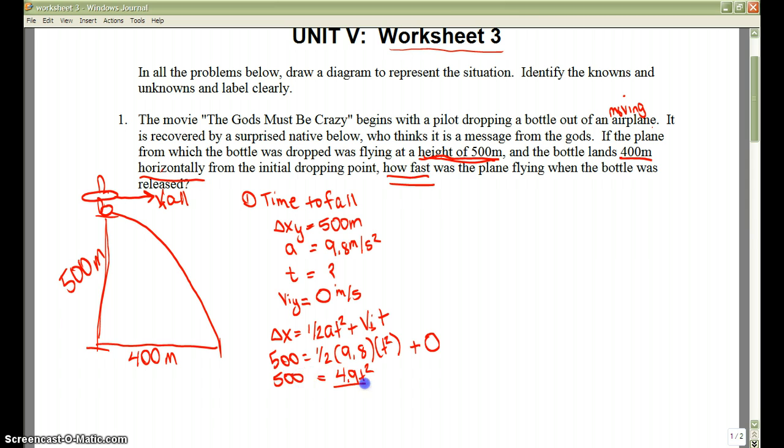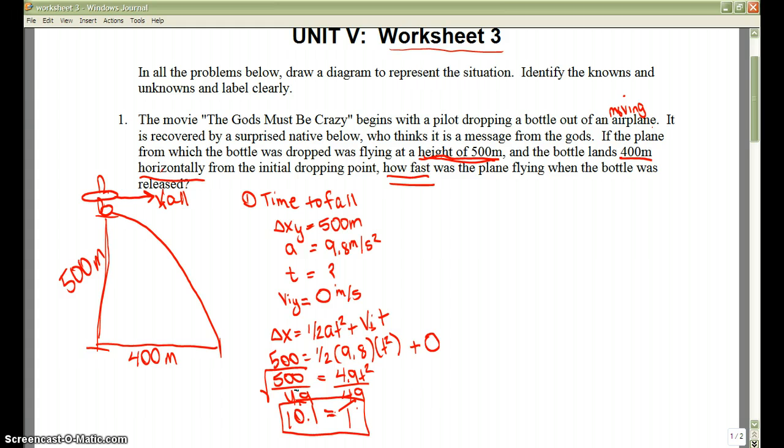We divide by our 4.9, and to get rid of our squared, we take the square root. So we get a time for this thing to fall of 10.1 seconds.